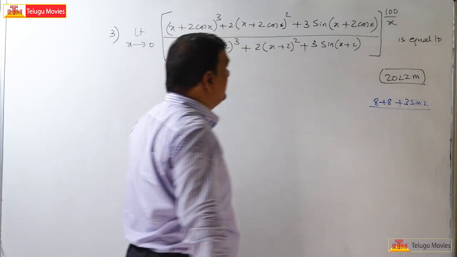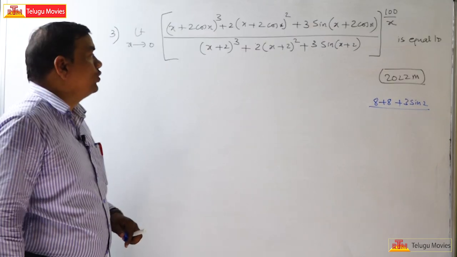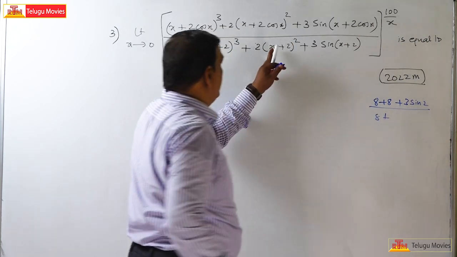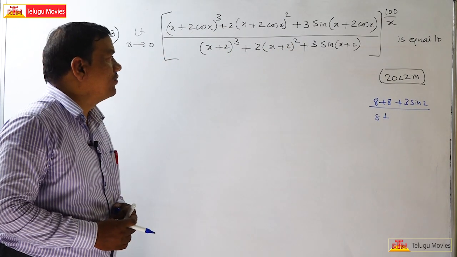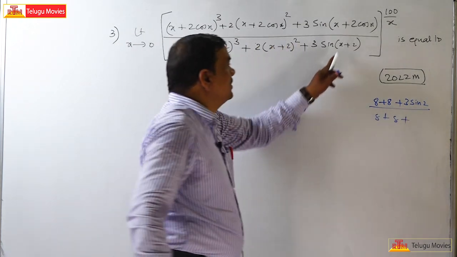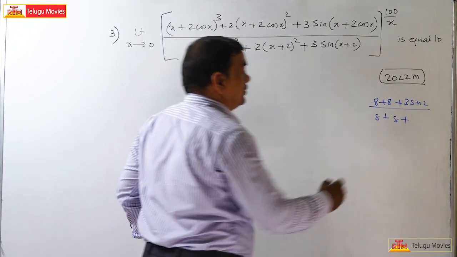In the denominator, substitute 0: 0 plus 2, 2 cube is 8, plus 0 plus 2, 2 square is 4, 4 twos are 8, plus sin 0 plus 2, that is 3 sin 2.